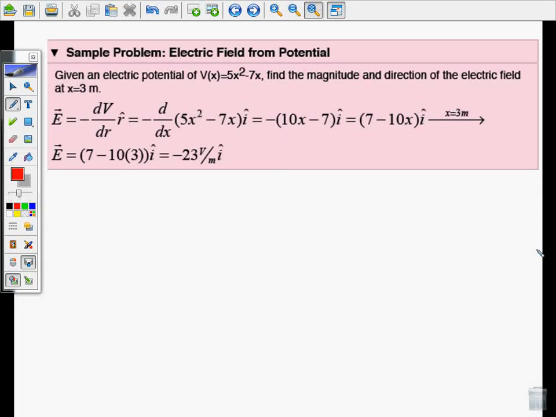And you see in this problem, that negative sign comes in because the unit vector i is in the positive direction.